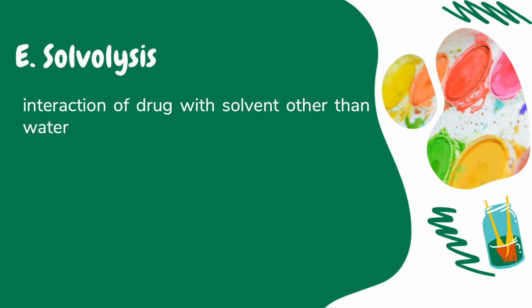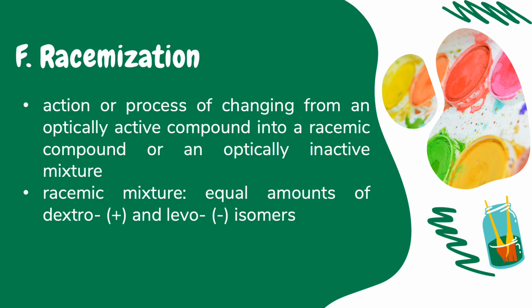We can also add desiccants, a component that can control pH, and store our drug inside the refrigerator. Solvolysis. Solvolysis is interaction of a drug with a solvent other than water. Racemization is the action or process of changing from an optically active compound into a racemic compound, or an optically inactive mixture. Racemic mixtures have about equal amounts of dextro and levo isomers.